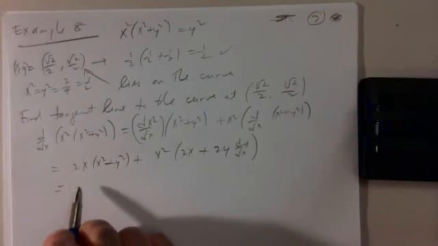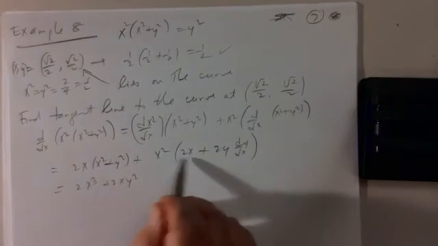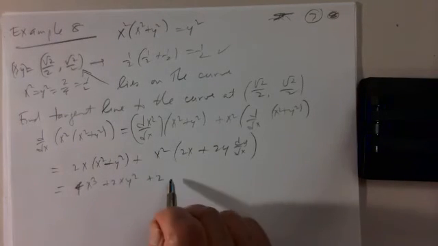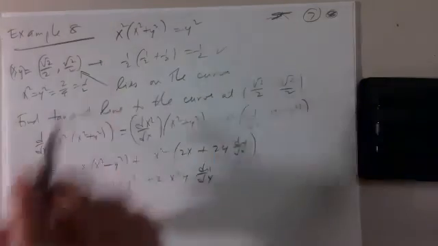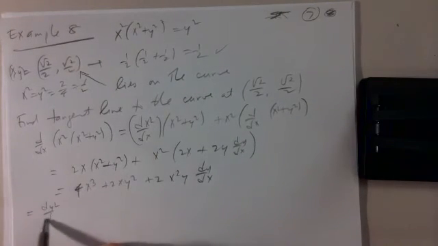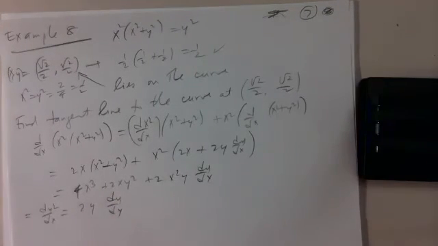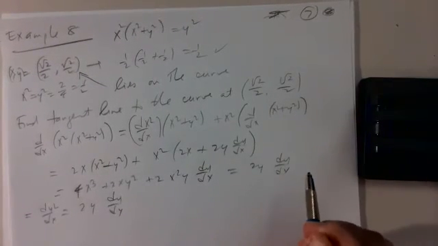So what we get is 2x cubed plus 2xy squared plus another 2x cubed makes that 4x cubed plus 2x squared y dy dx. And this is equal to the derivative of y squared with respect to x, which is 2y dy dx.